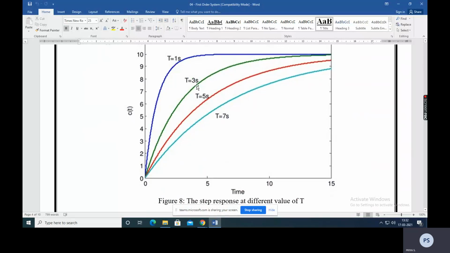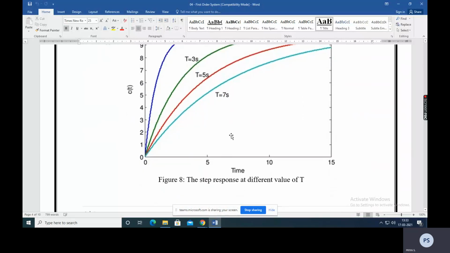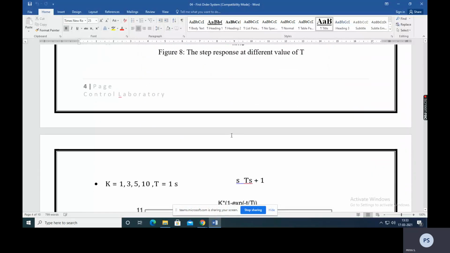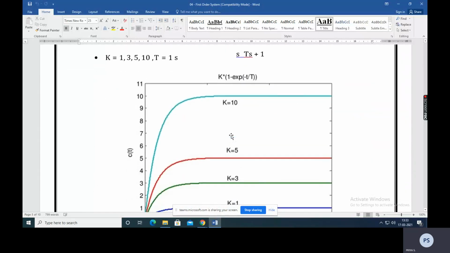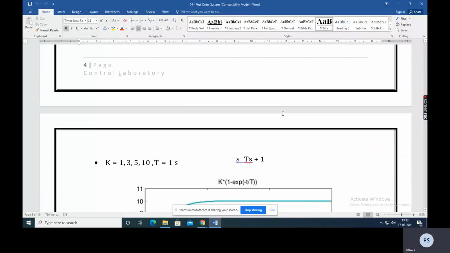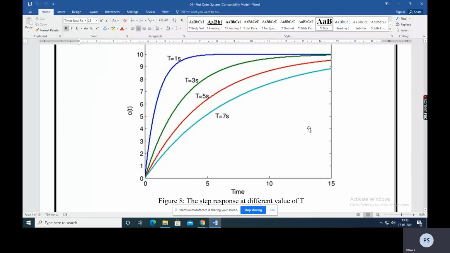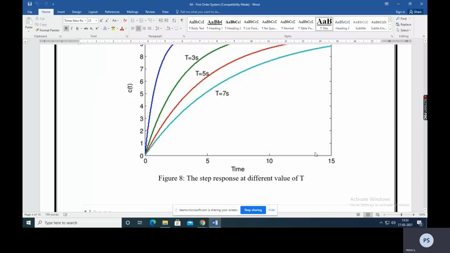When I am taking T equal to 3 seconds, see how it is somewhat delayed in reaching the steady state compared to 1 second. When you go for 7 seconds, it takes much more time to reach the steady state output. That is the thing I want to insist on here for your understanding. This is the waveform you are going to achieve for different time constant values.